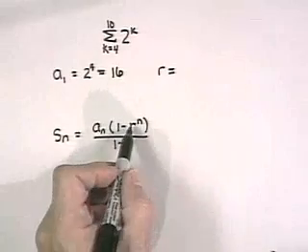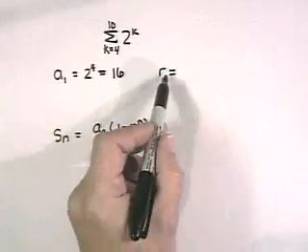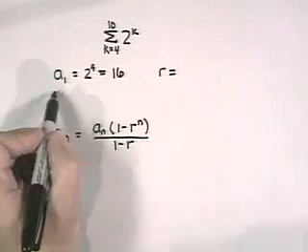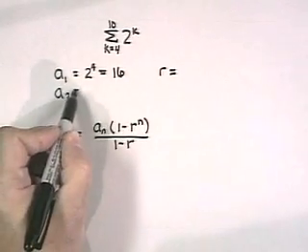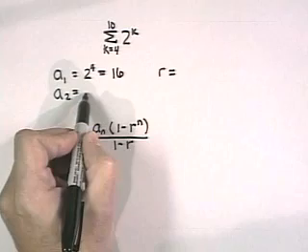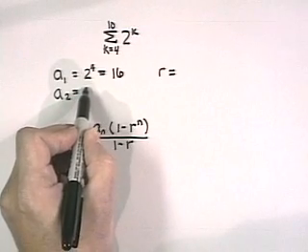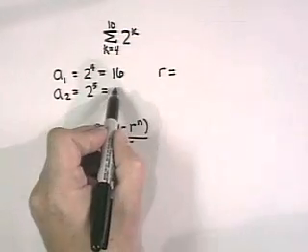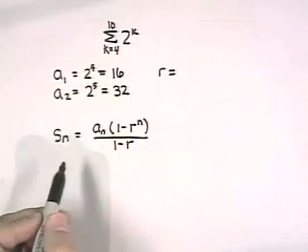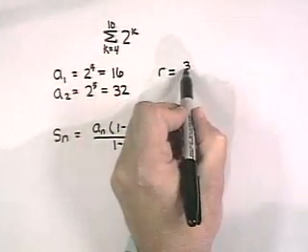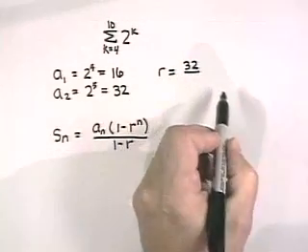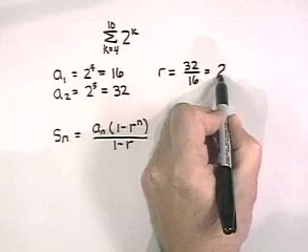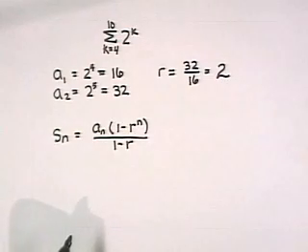Now we also need r, but in order to find r, the common ratio, we need to find another a. So let's find a2. A sub 2, the second term, is 2 to the 5th, and that's 32. Now we can find r by taking a2 divided by a1 and see that our common ratio, which you might have guessed, is 2.